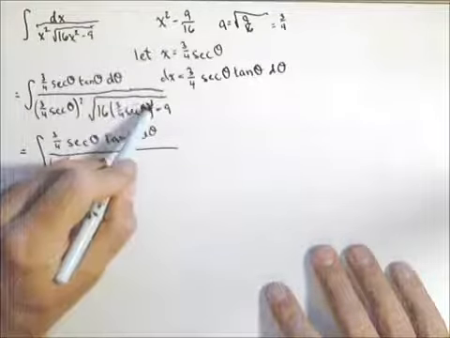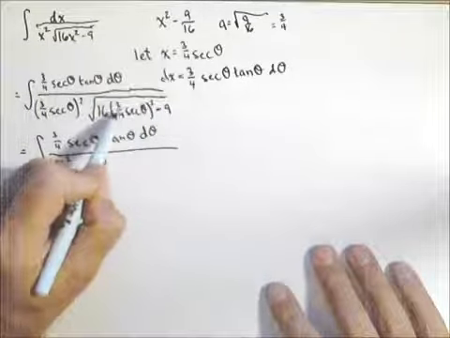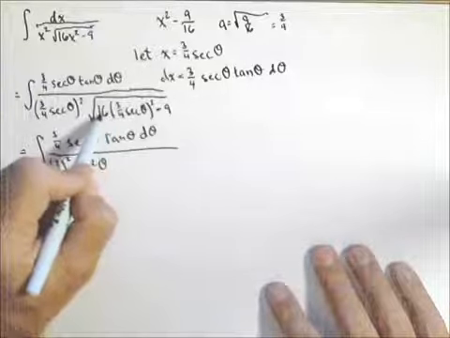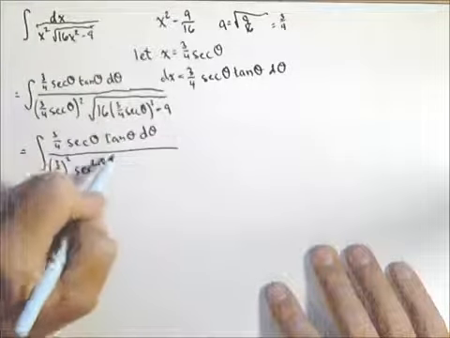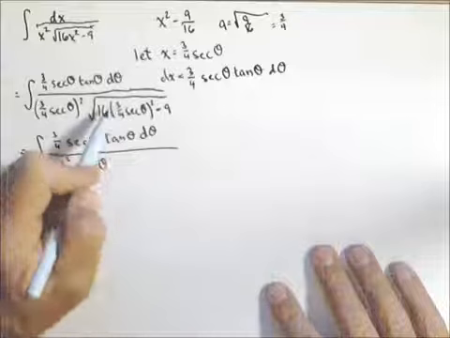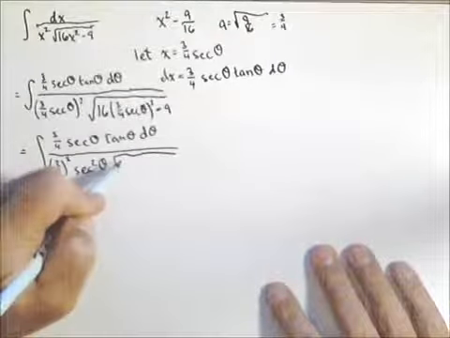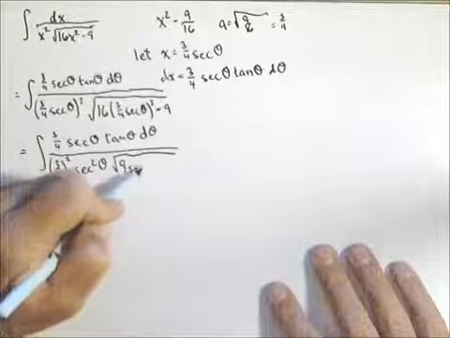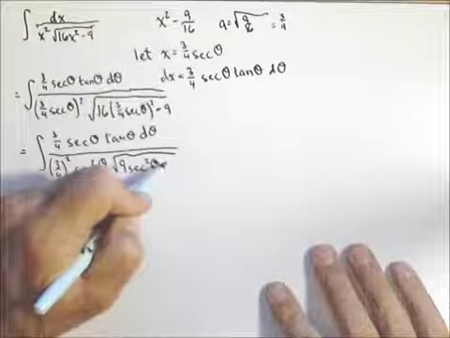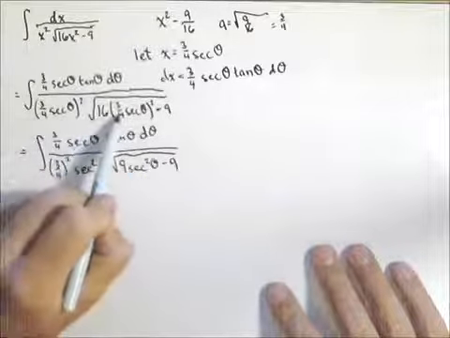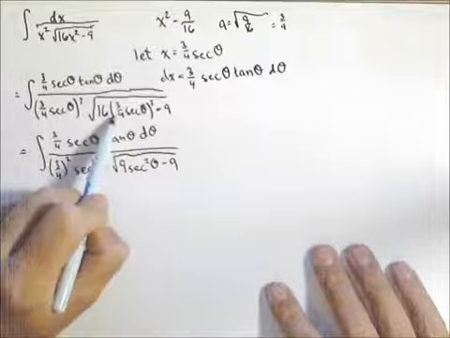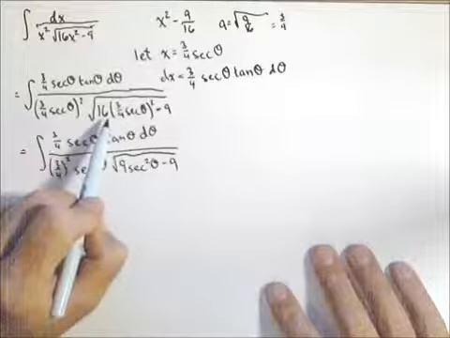What's going to happen here? The 3/4 gets squared, which is 9/16. 16 times 9/16 is actually just going to leave us with 9. So under the radical, all we end up with is 9 secant squared theta minus 9. If you're not quite seeing that, square the 3/4 because you get the 9/16 and then multiply it by that 16.